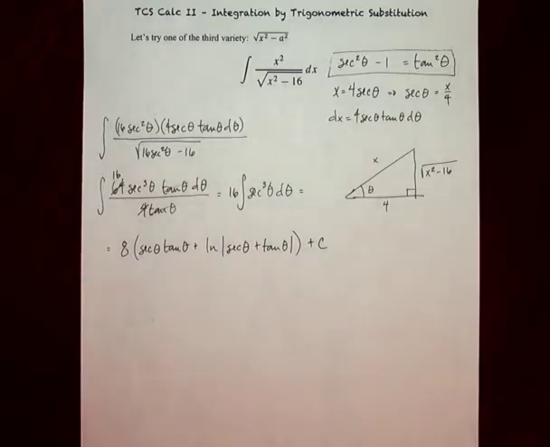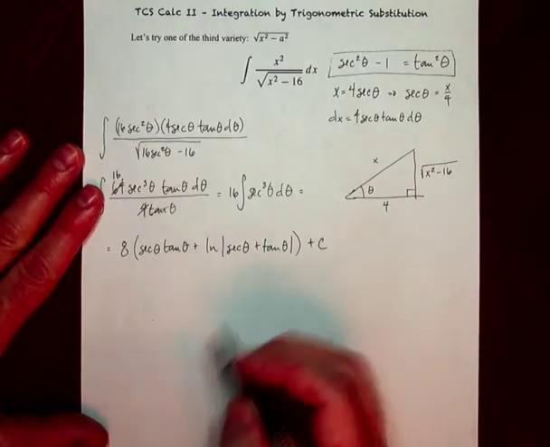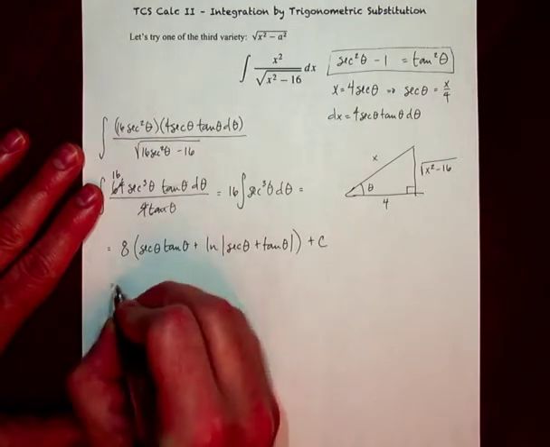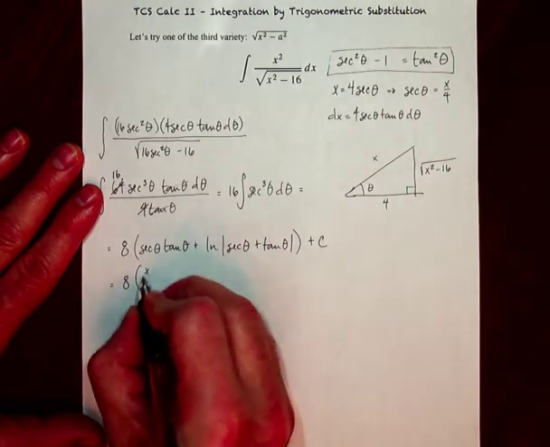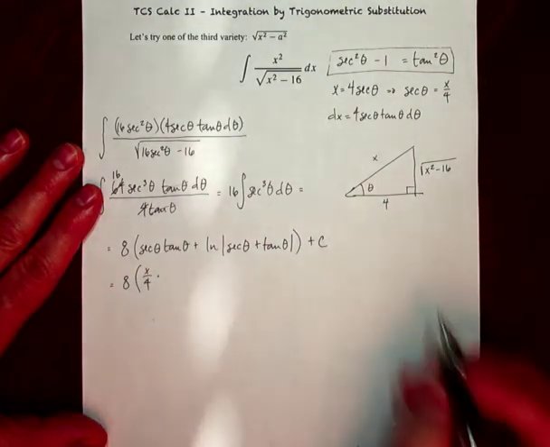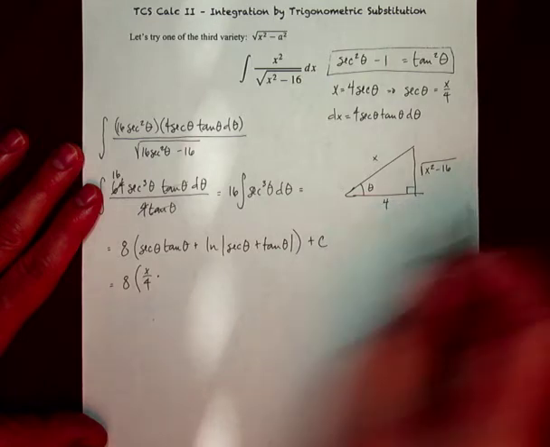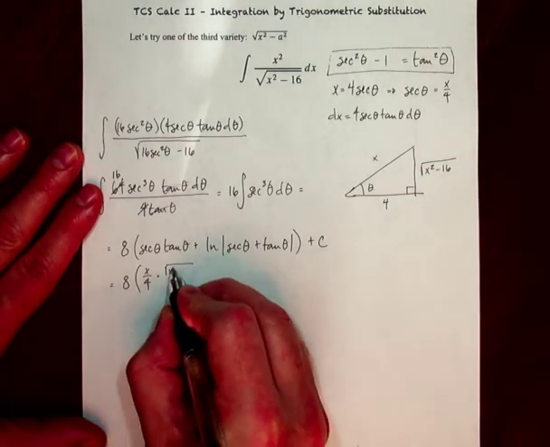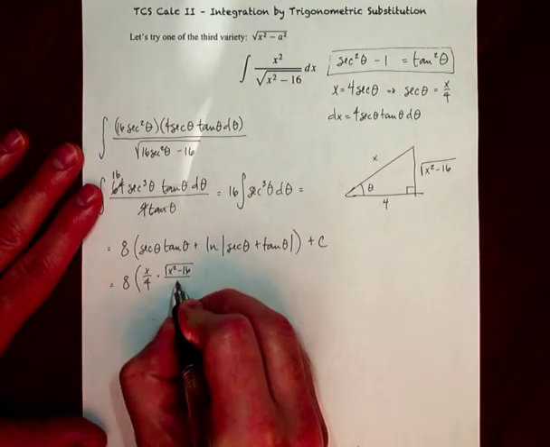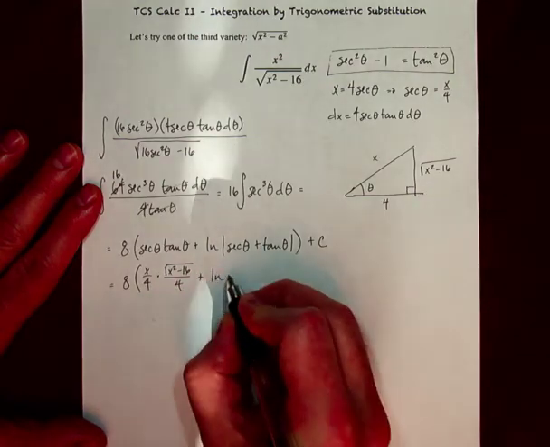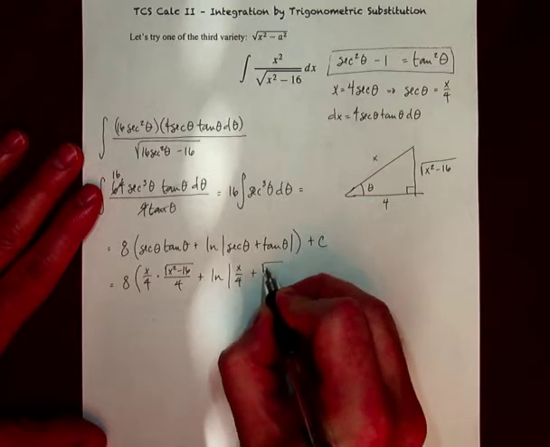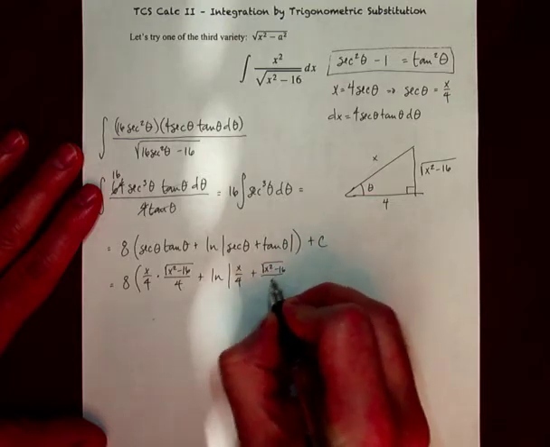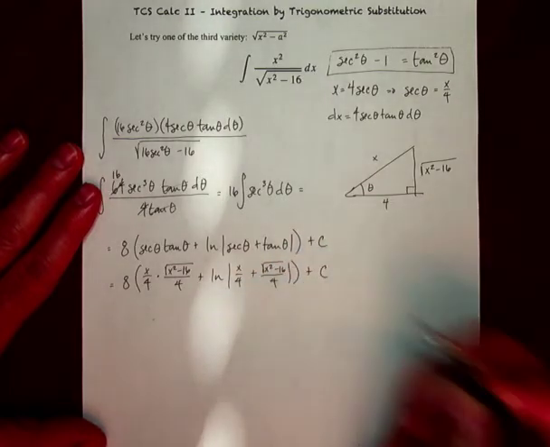after I integrate, remember always after you integrate, I resubstitute back in. And this winds up being secant is obviously x over 4. The tangent is going to be opposite over adjacent, so it's going to be that radical over 4. And then plus natural log of x over 4 plus the radical over 4 plus c.